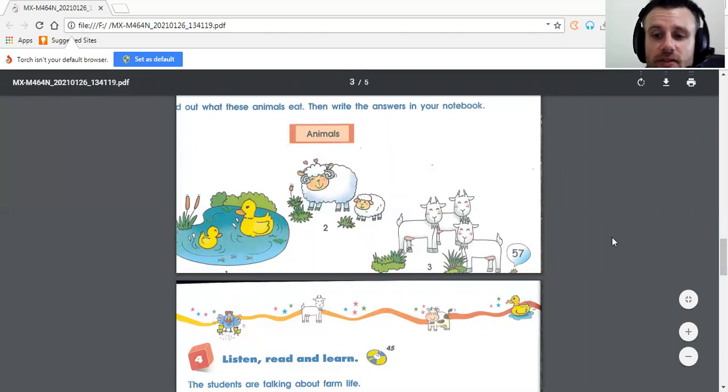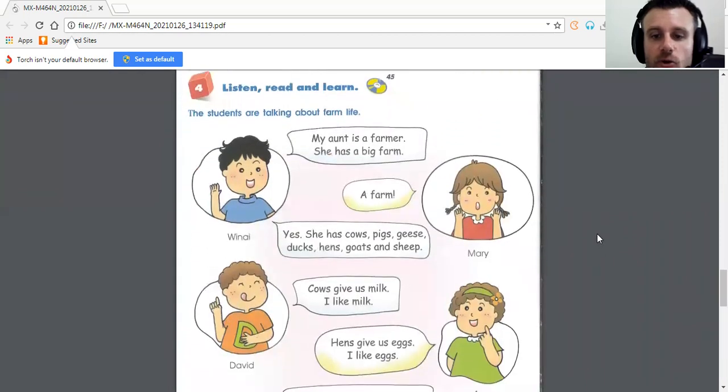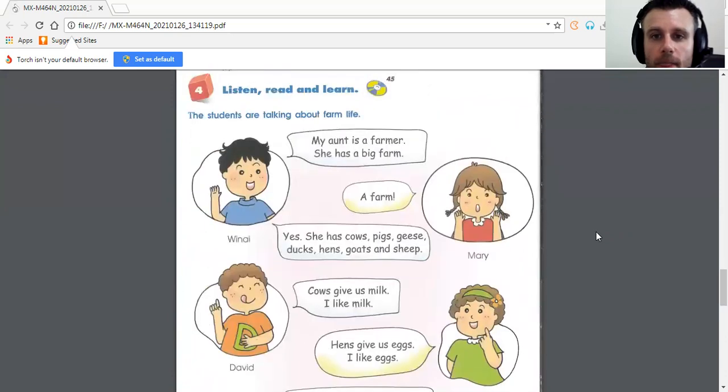So we can go on to the next page. Try to read that now. Listen to me, then repeat after me. My aunt is a farmer. She has a big farm. She has cows, pigs, geese, ducks, hens, goats, and sheep. So this is a big farm. Cows give us milk.